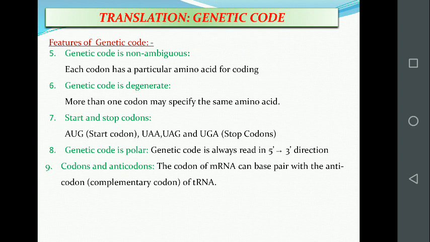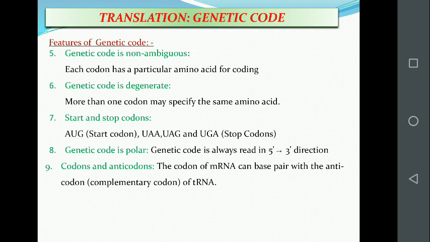Genetic code is unambiguous, non-ambiguous, so that means there is no confusion in the genetic code. One codon always specifies that amino acid only. In different conditions or in different organisms, it does not code different types of amino acids. In all conditions and in all organisms, the code always codes for the same amino acid.